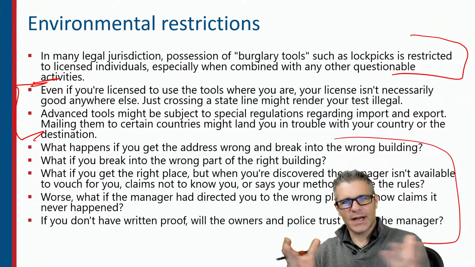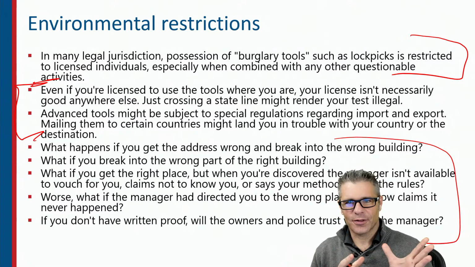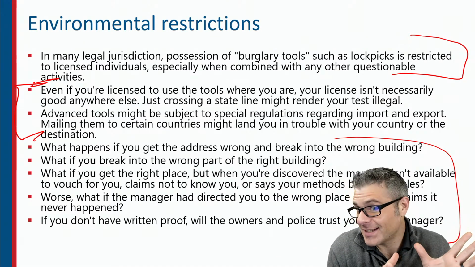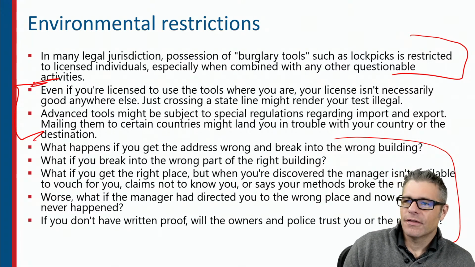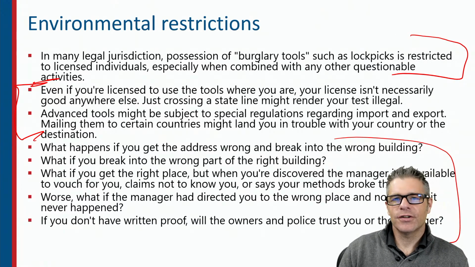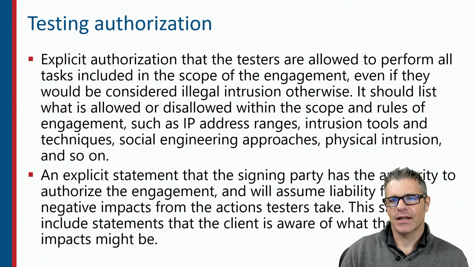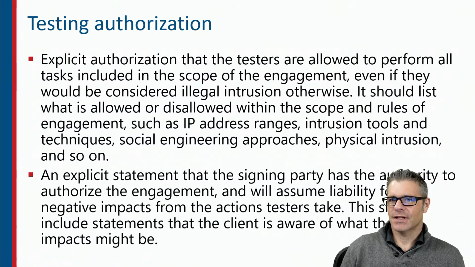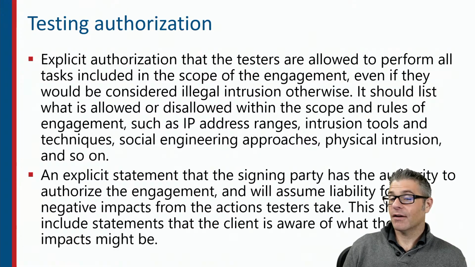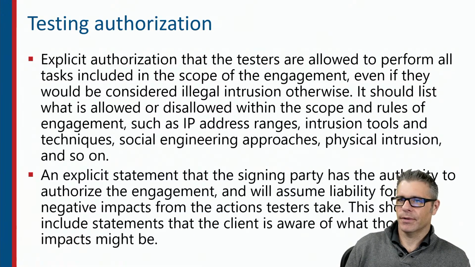So if you're breaking into somebody else's building, but you have authorization from somebody who's in no way connected to that organization, your life can get interesting fast. So there's due diligence that needs to happen on both sides of that equation. As a pen tester, you need to make sure that somebody's done the homework and found out that you're not breaking into the wrong floor of a building.